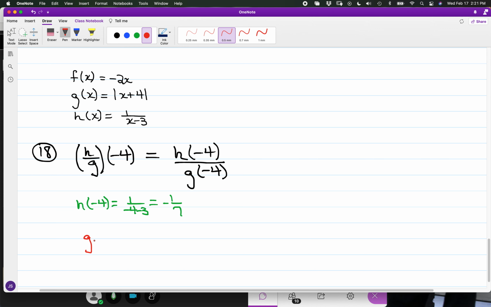And for g of -4, we're going to have the absolute value of -4 plus 4, and the absolute value of 0 is equal to 0. So if I fill in h of -4, again I have -1/7.